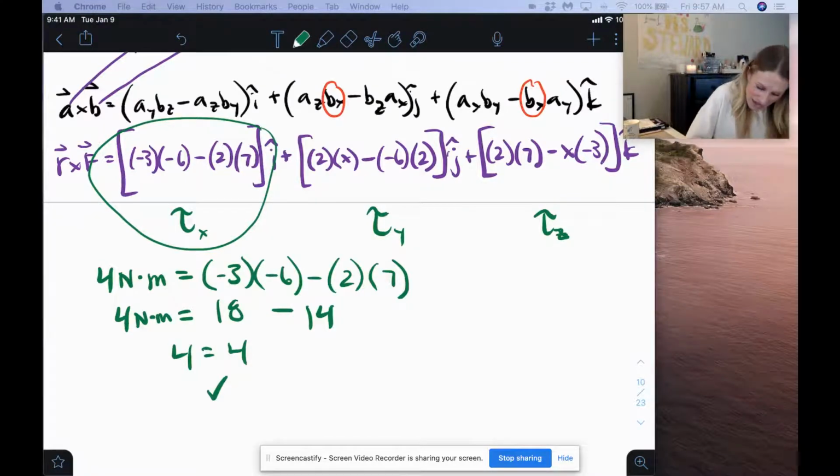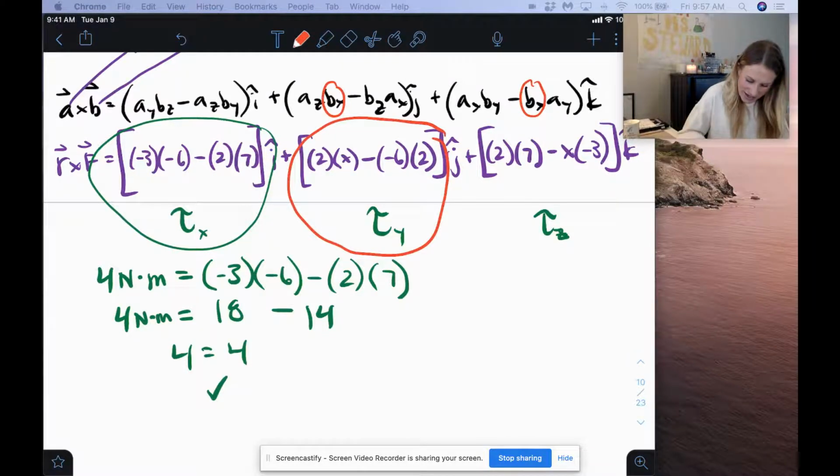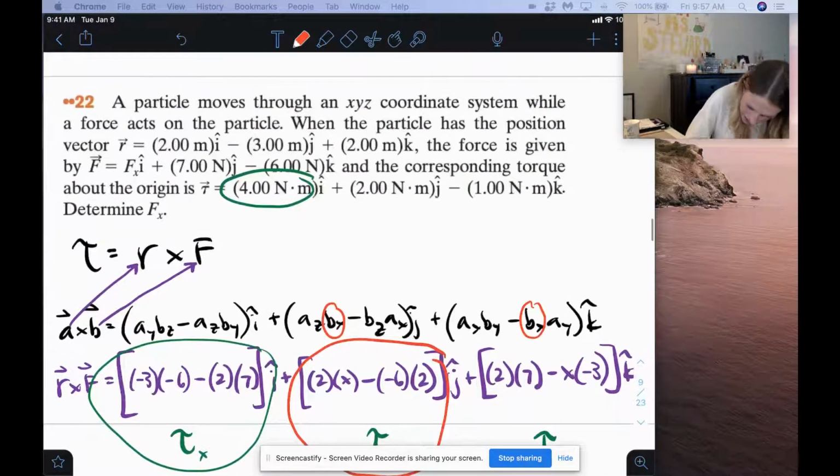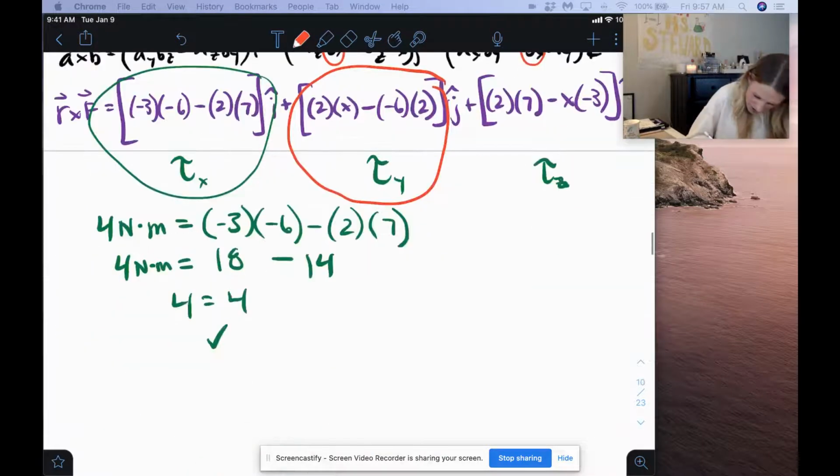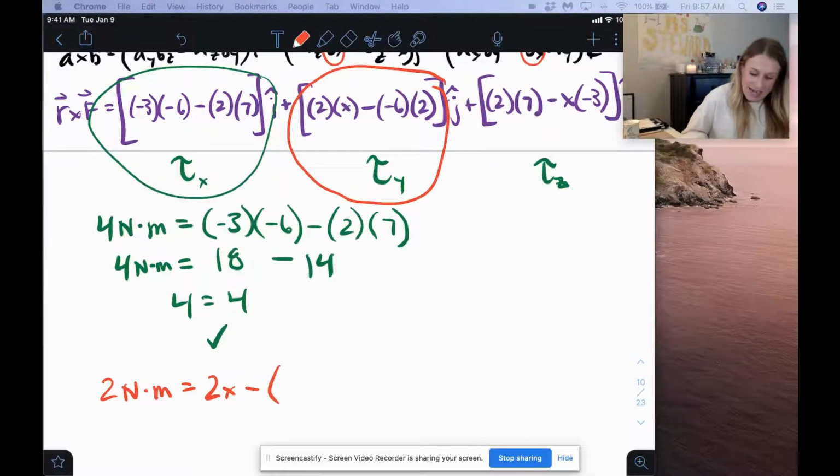Okay. Now next, I'm going to do this in different colors. So let's see our y direction here. Torque in the y direction is equal to a positive 2 newton times meter. So I get 2 newton times meters is equal to 2x minus a negative 6 times 2.